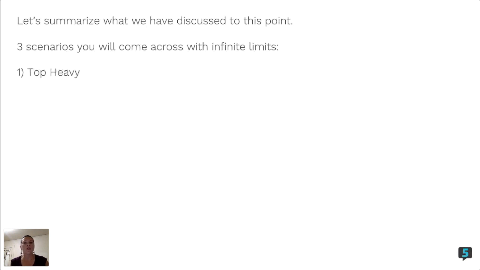So this is where the term in my numerator is growing faster than the term in my denominator. When I have a top-heavy situation, my limit is going to go to positive or negative infinity. Now, whether or not it goes to positive or negative infinity, we're going to have to do a little bit more investigation based on what that actual function is. But we're going to be able to write here that when it's top heavy, my limit goes to positive or negative infinity.